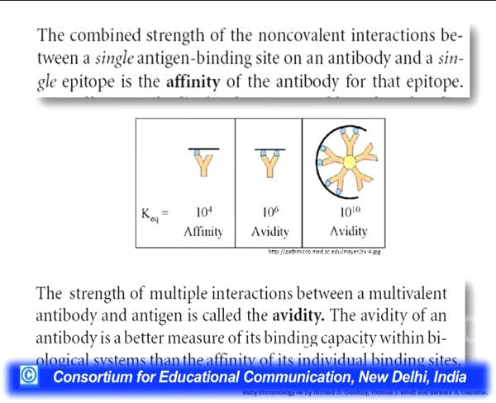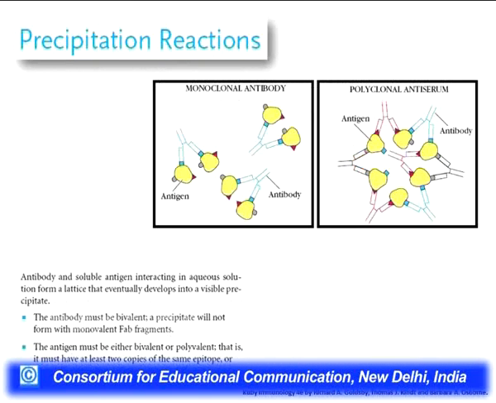If you can see the picture, there are a number of antibodies and a number of antigens. So the avidity of the antibody gives us a better picture than the affinity, and it is the one now routinely used to measure antibody-antigen interactions.